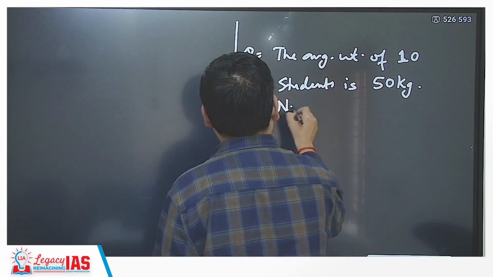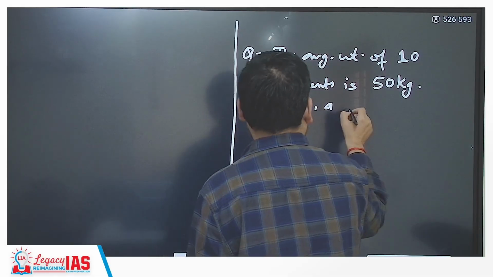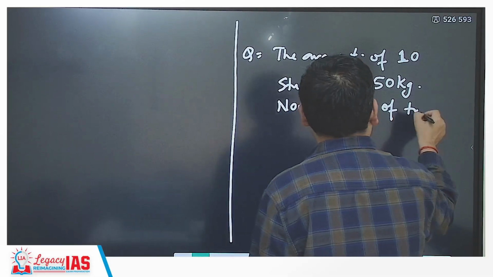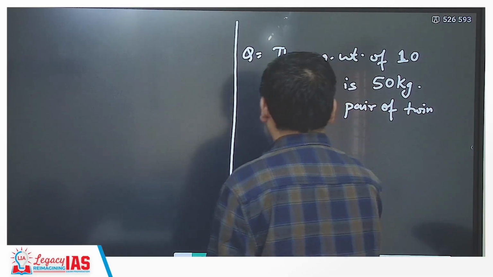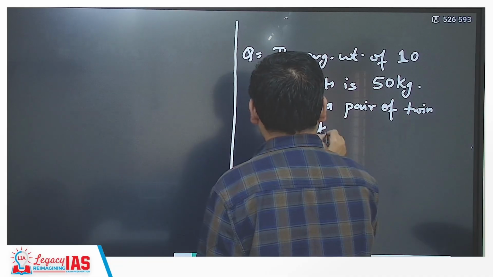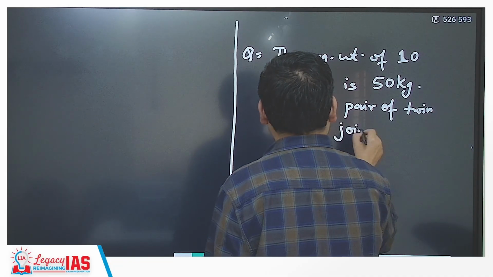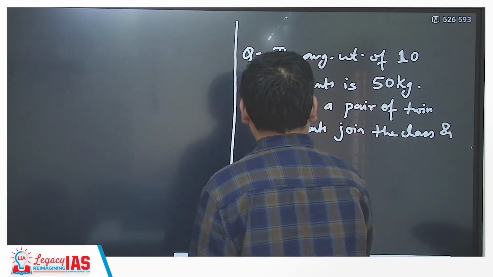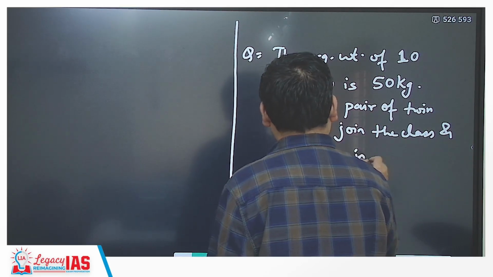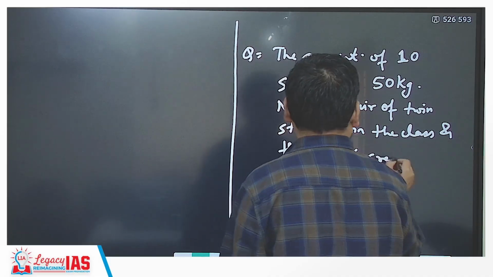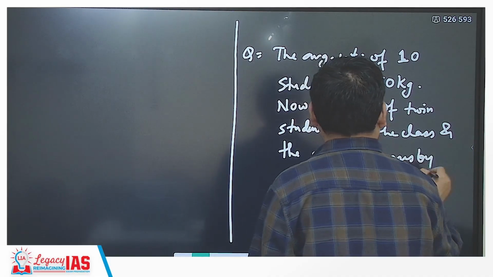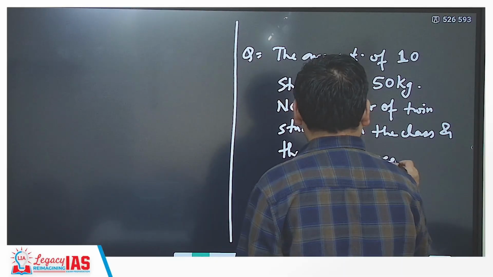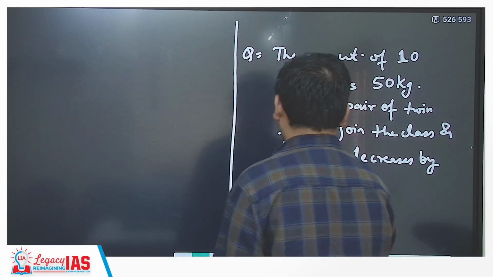Now a pair of twin students join the class and the average, let's say, increases by, or let's make it decreases by 2 kg.